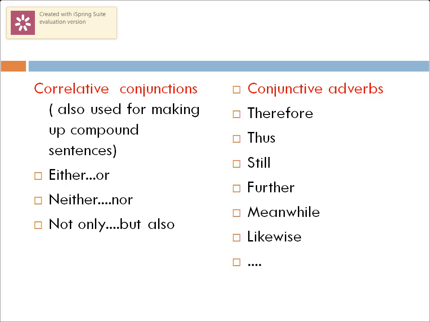Now, there are some other conjunctions called correlative conjunctions or conjunctive adverbs, which are also used for making compound sentences, like either or, neither nor, not only but also, therefore, still, and so on.